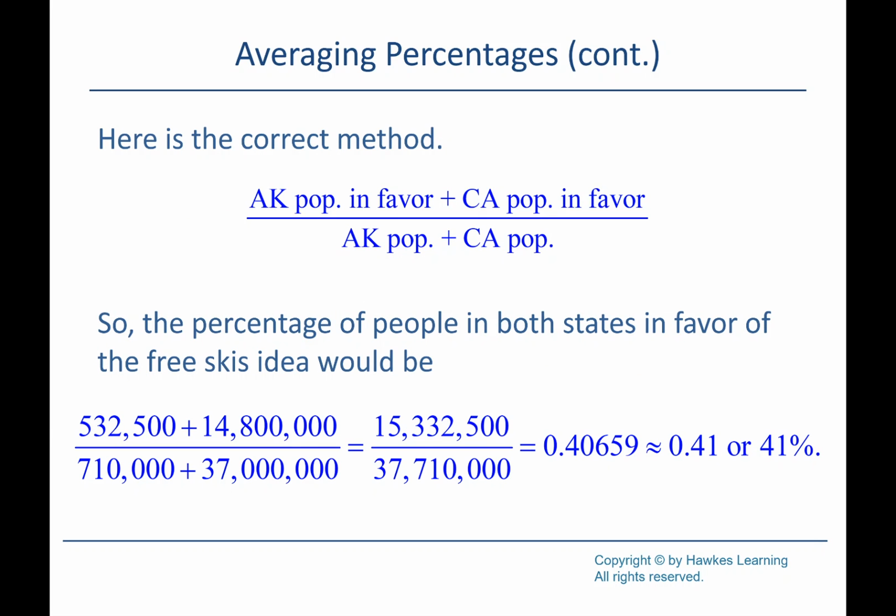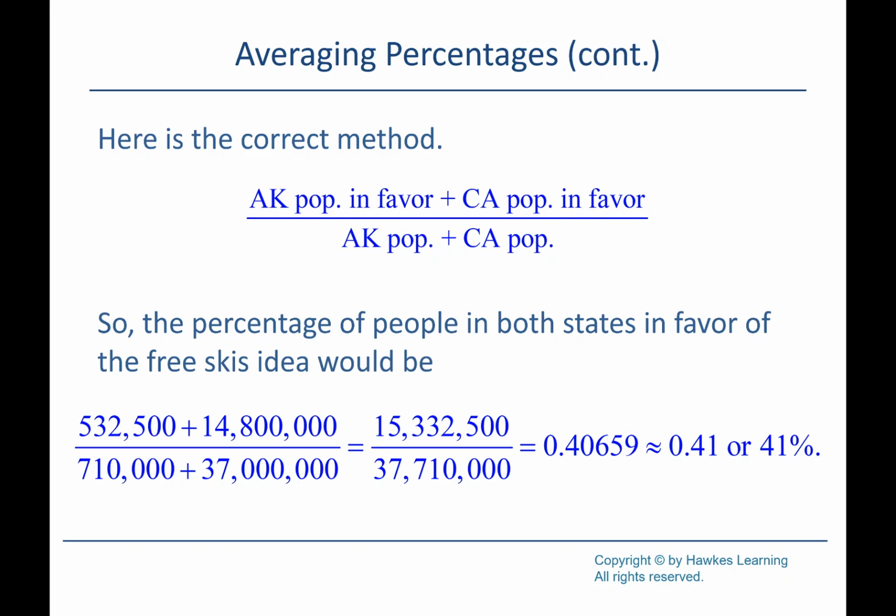But if we actually take the numbers of people and add them up, a little over 500,000 in Alaska, almost 15 million in California, and divide that by how many people are in both states, that's only 41%. So taking the average of the percentages was way off.